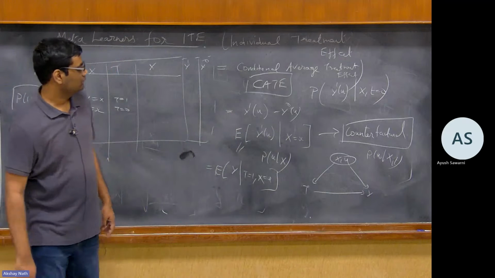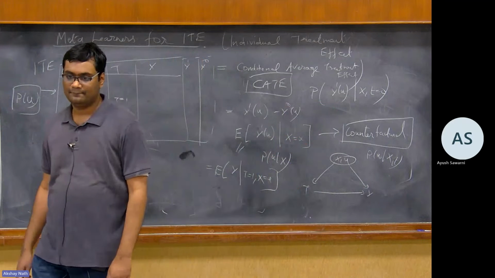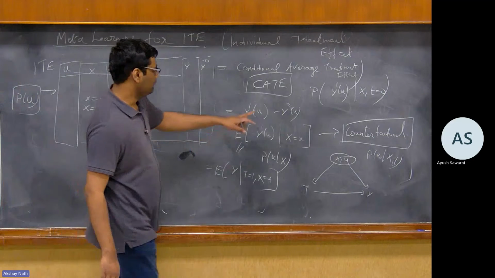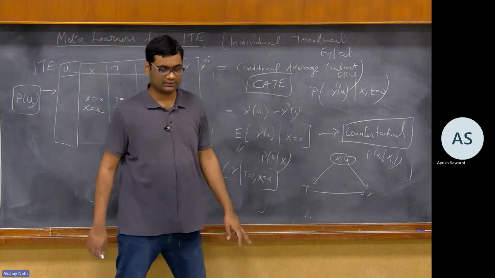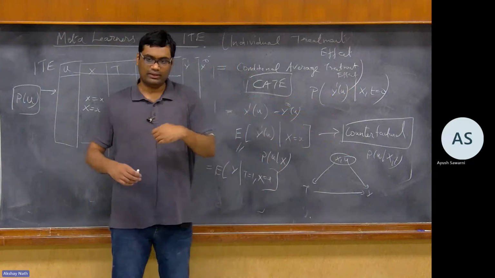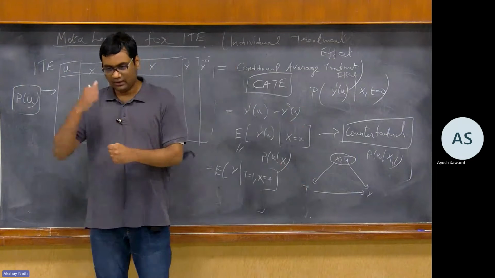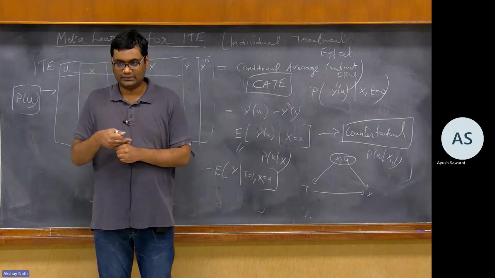That is harder, because if there was no U and everything was observed, then they both are the same. But the main problem over here is that because of the U, it's a bit difficult to understand. The problem is that you are conditioning on something downstream of my treatment, including myself.